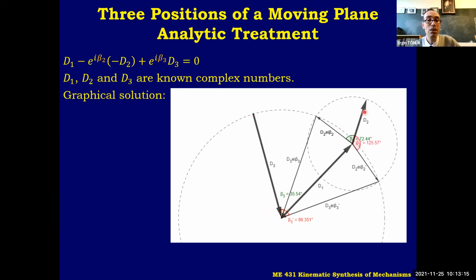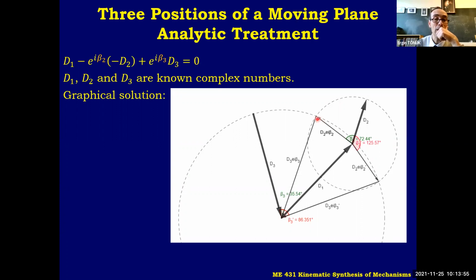So what I do is I rotate D2 by an unknown amount. So this is the rotation of D2, where it's at the tip of D1. And this is D3. I'm going to rotate it on its tip like this. And it's going to yield 0 for actually two values, because these two circles intersect at 2 points.